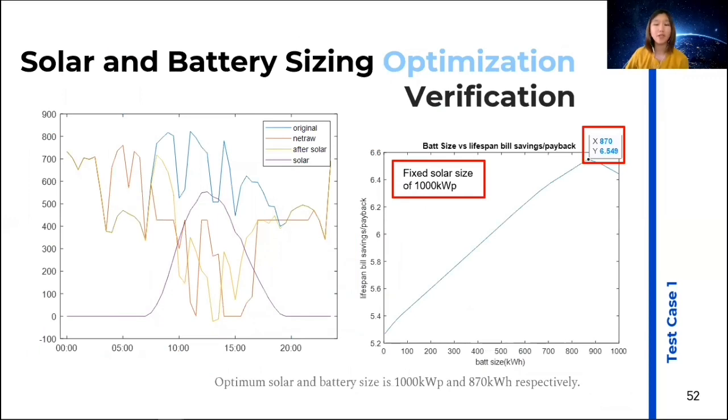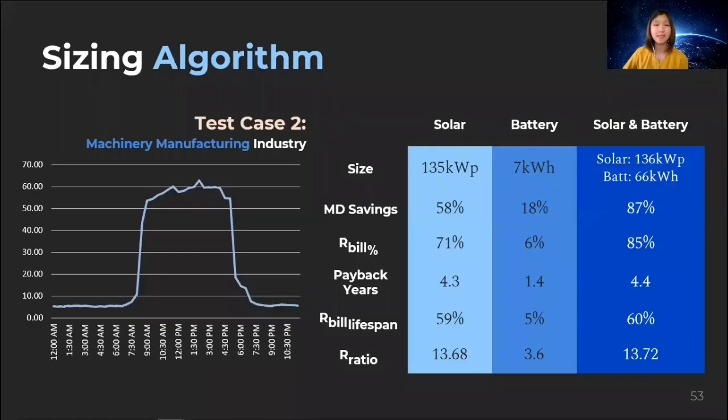Finally, for solar and battery sizing, verification was done by fixing solar size and deriving the graph of R ratio against battery size. Once again, optimal battery size is similar to the algorithm results of 1000 kW peak solar size and 870 kWh battery. In test case 2, load curve from a machinery manufacturing industry was applied.